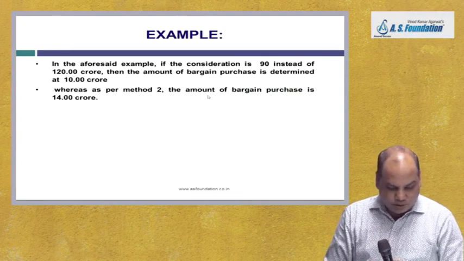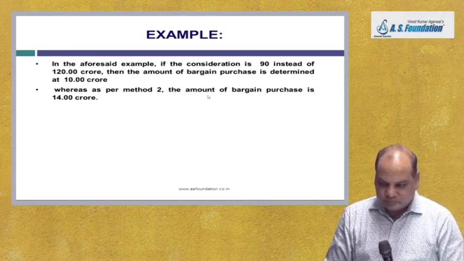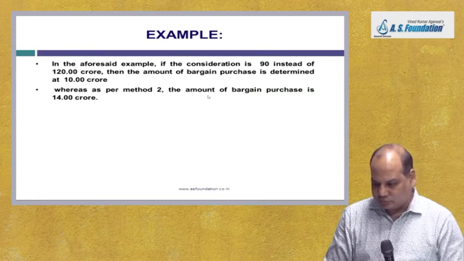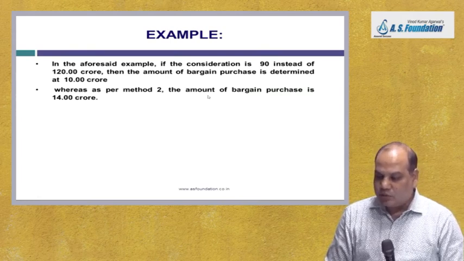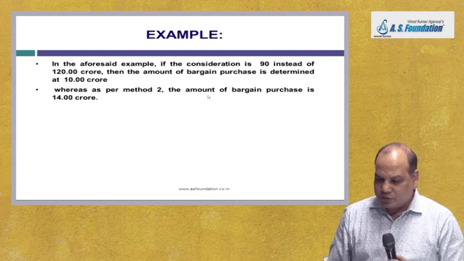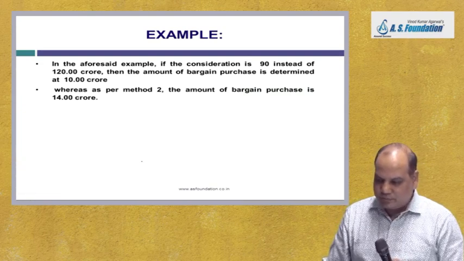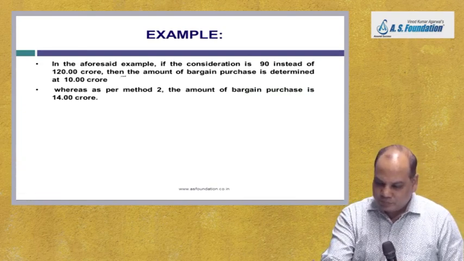Below there is example 3. In the aforesaid example, if the consideration is 90 instead of 120, then the amount of bargain purchase is 10 crore. Is it true? Why 10 crore?